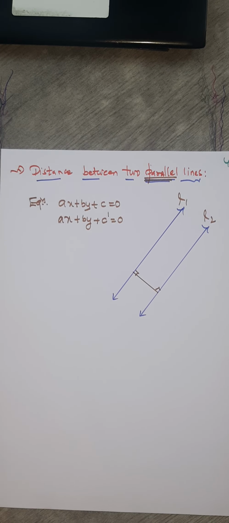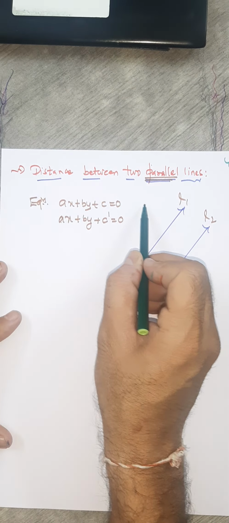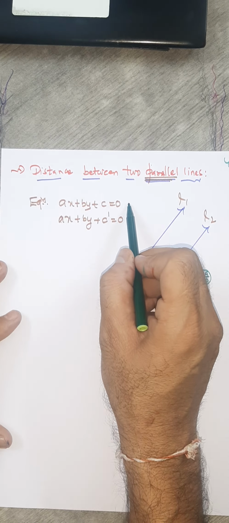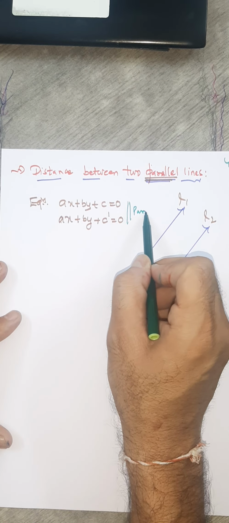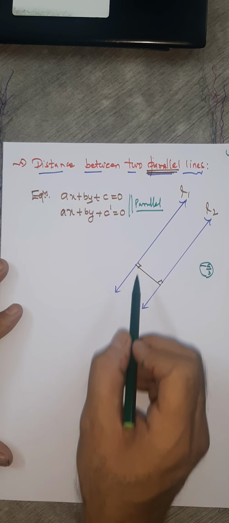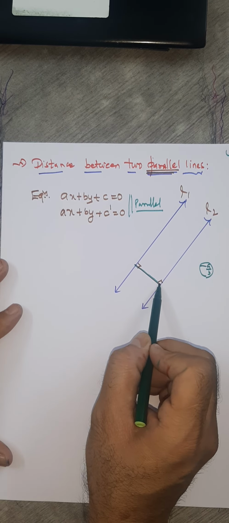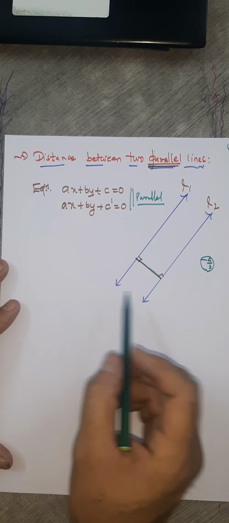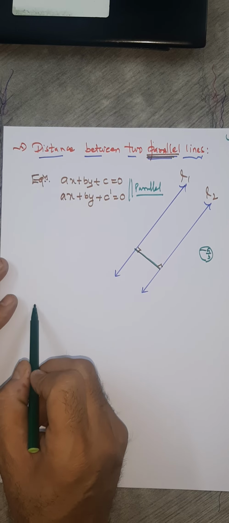You can notice that the slopes of these two lines are equal. What's the slope of this? Minus a by b. What's the slope of this one? Minus a by b. That means these two lines are parallel by equations. Now we want this perpendicular distance here. I'll state the formula directly; you can refer to the proof if you want.